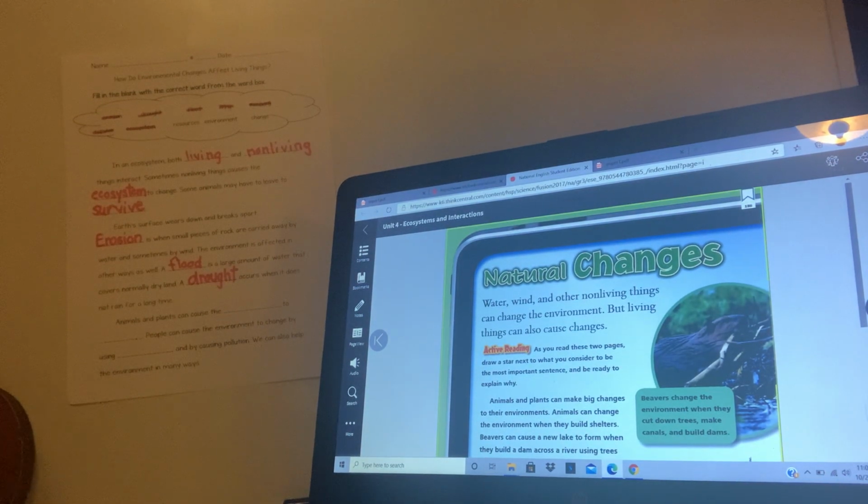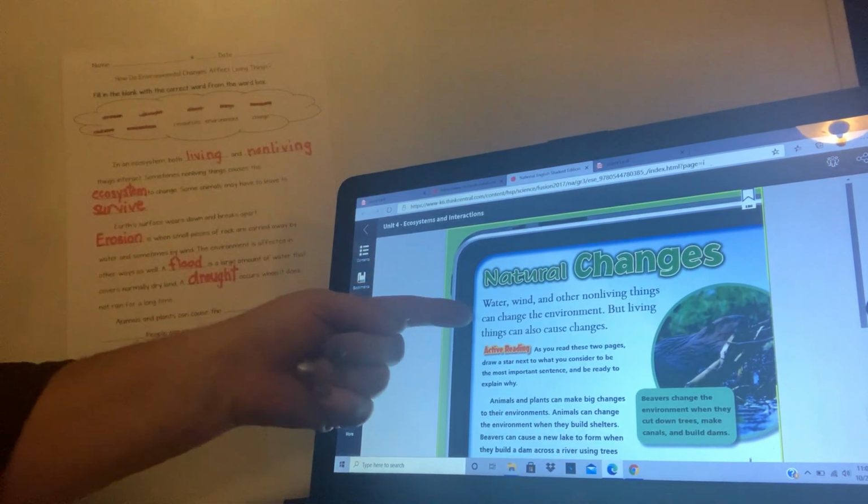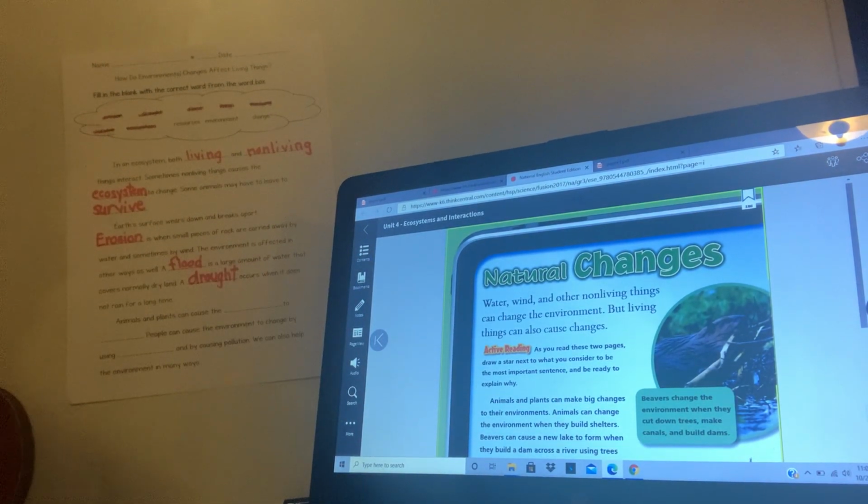All right. Our last paragraph is going to be about natural changes. It says water, wind, and other non-living things can change the environment, but living things can also cause changes. Let's go over here.